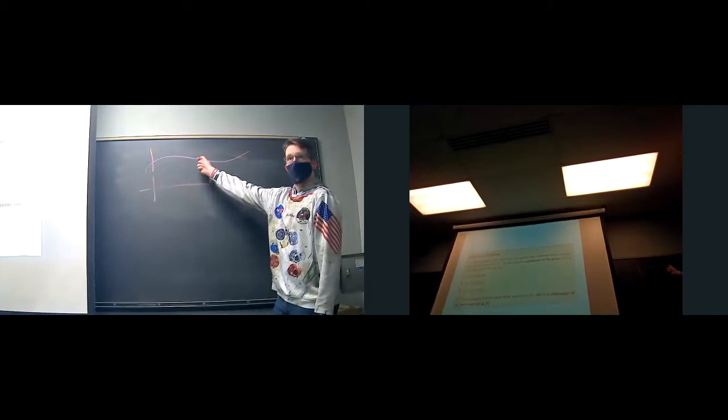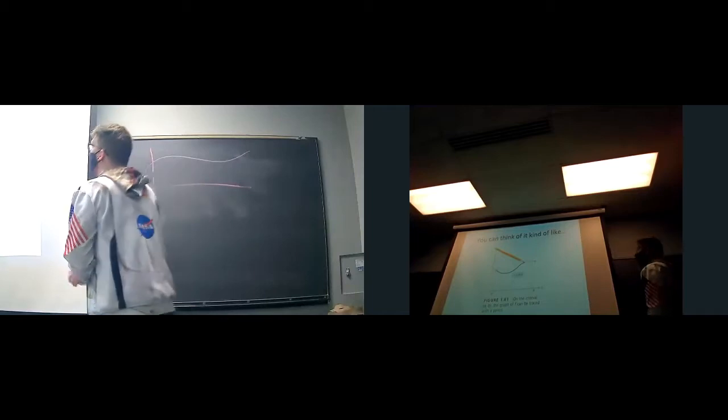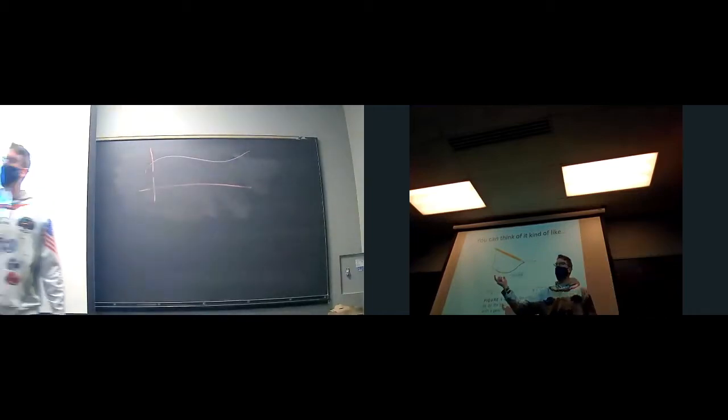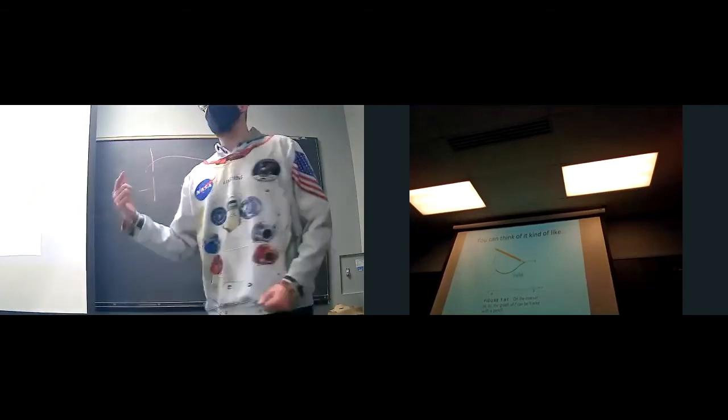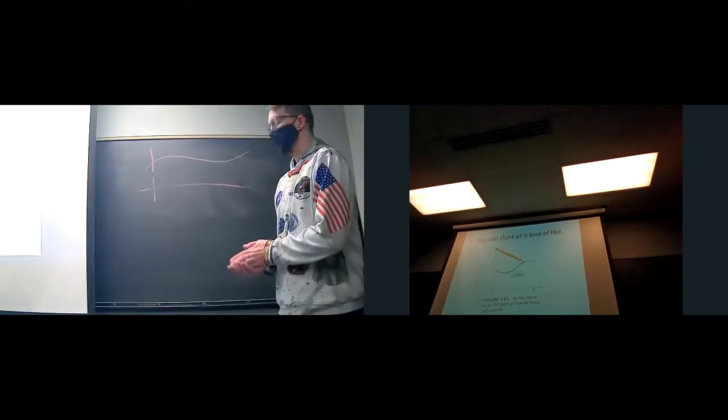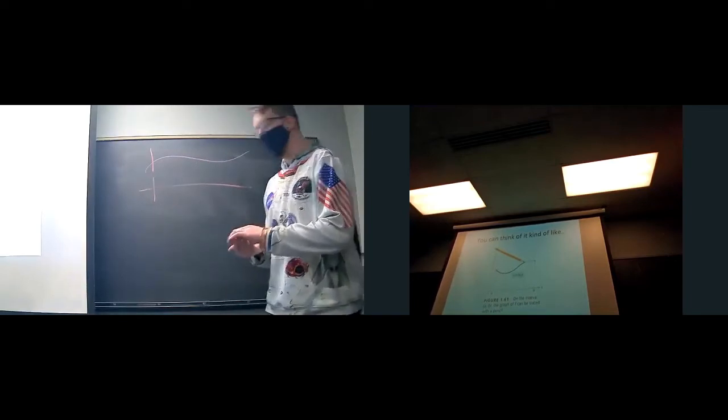Does that make sense what I mean? Yeah. And in that way, we can think of continuity as a description of our ability to draw the graph of our function without lifting up our pen or pencil. Is everybody with me so far? Yeah.